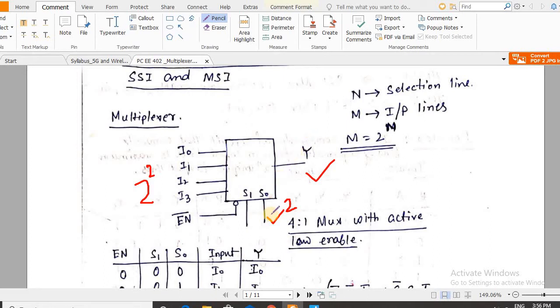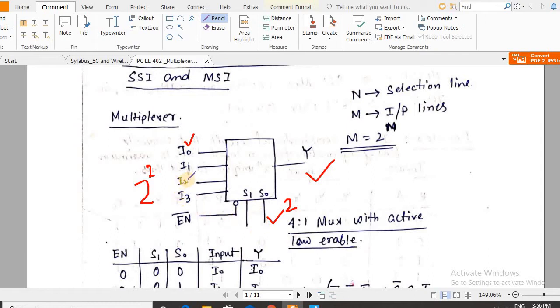Now what is the job of the multiplexer? The selector line will select a particular input, and that particular input will appear at the output. Or we can say that the information on any particular input can be passed to the output depending on the selection line.